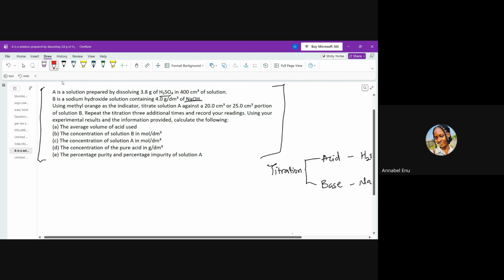So the first step to take is to write a balanced equation. Since we are dealing with acid and base, we know it's a neutralization process, and so this neutralization process will be H2SO4 plus our sodium hydroxide to give us salt and water. I'm teaching what you're expecting in this year's WAEC. So when you have questions, please raise up your hand and ask them.